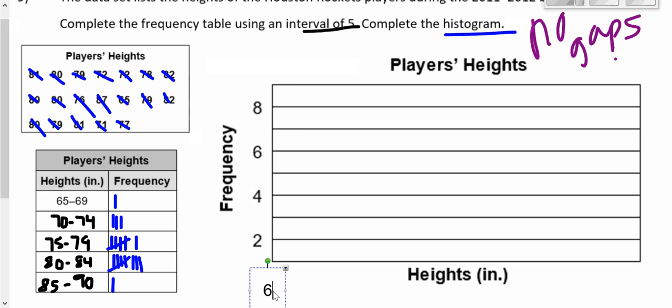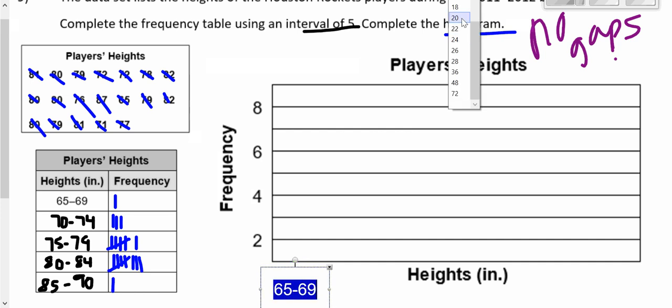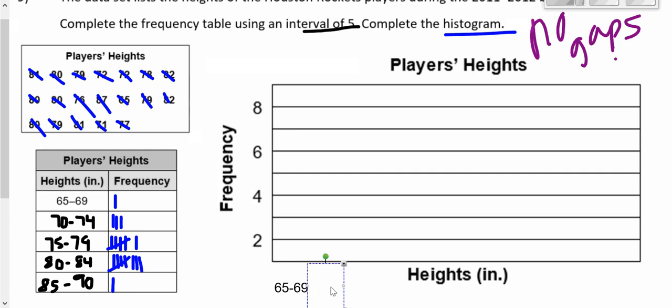So we have 65 to 69. And I'm going to make that a little bit smaller. Okay, and then we got 70 through 74.